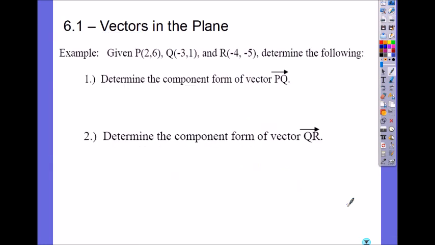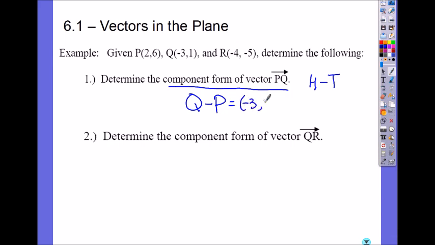Okay. So here, now they're giving you these 3 points, and they want you to determine the component form of vector PQ. So what would you do? Head minus tail. So you just got to know which one is your head and which one is your tail. Which one is the head? Q is your head. So you will do Q minus the tail, which is P, to get the component form. So what's Q?